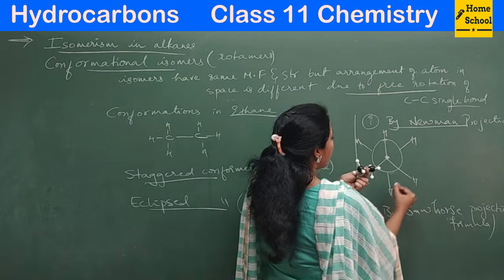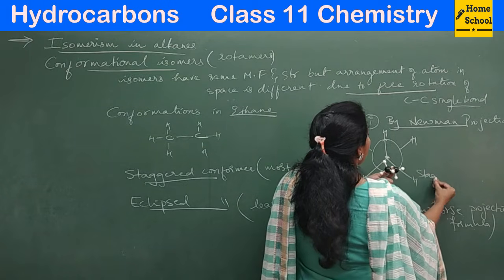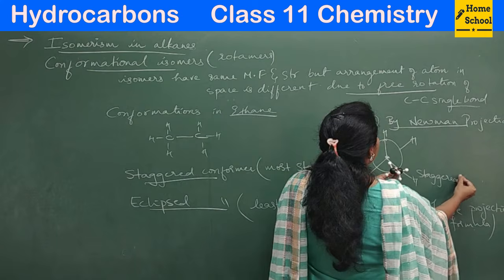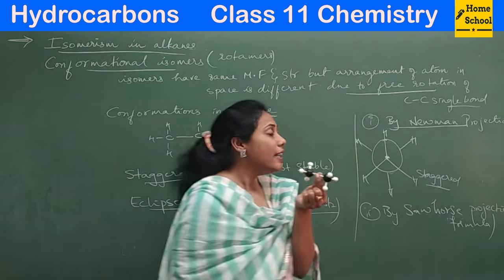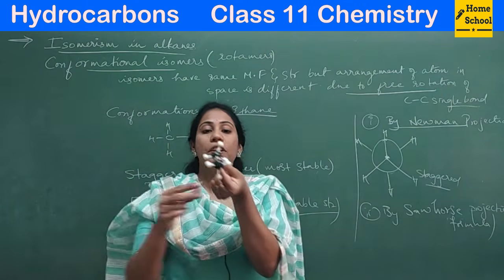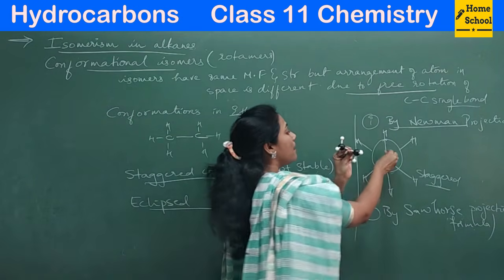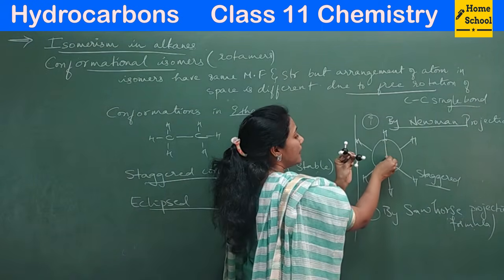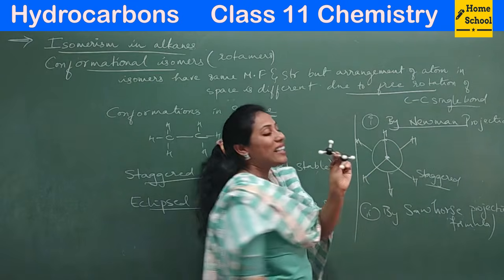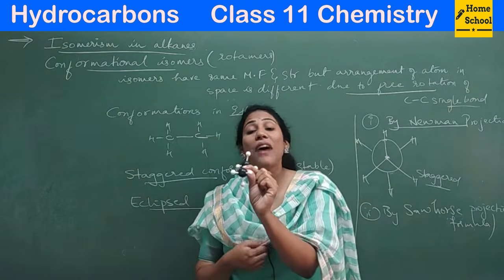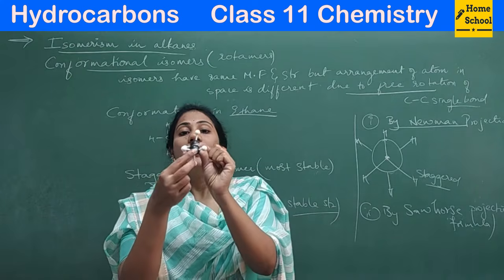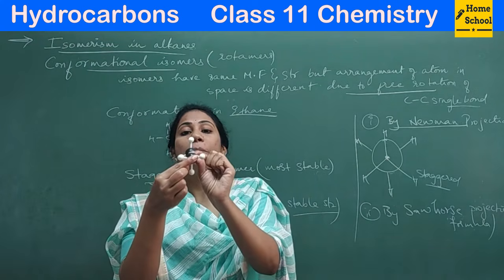So this is what we call staggered conformer. Staggered conformer is written like this. If you observe staggered conformer, the bonds of front carbon and the bonds of back carbon are actually far away from each other. So such a conformer can be more stable, guys.